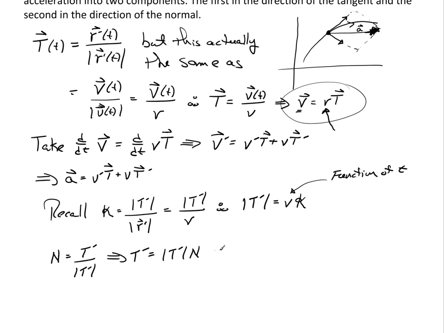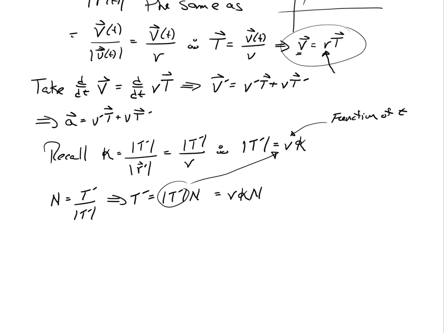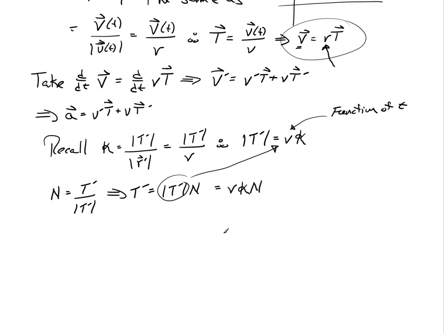But see right here, the magnitude of T prime is going to be equal to the velocity as a function of t, but not a vector, times the curvature times the normal vector. So this may seem like a bunch of mumbo jumbo, but actually we just did a couple of really important things.